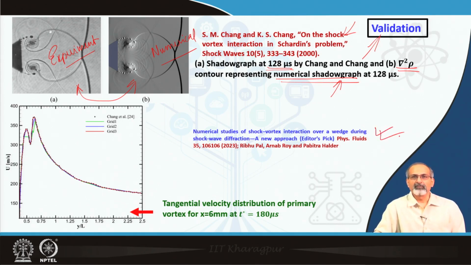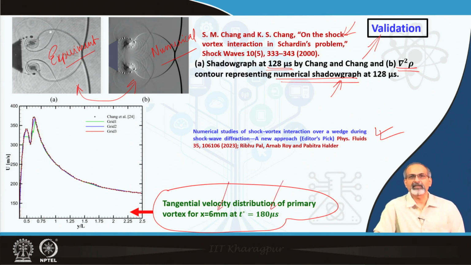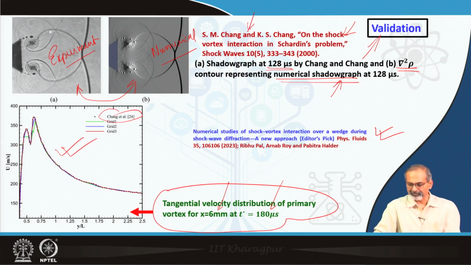And then for the shock vortex problem, the shock diffraction problem, we looked at the tangential velocity distribution of the primary vortex for x equal to 6 millimeters at 180 microseconds from the beginning of the flow. There is a particular distribution that we validated with this particular paper.